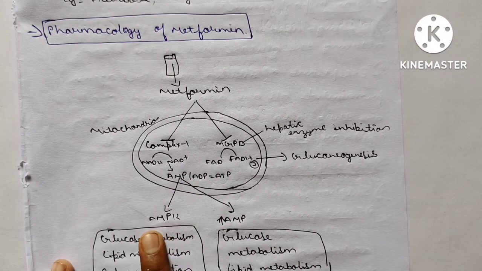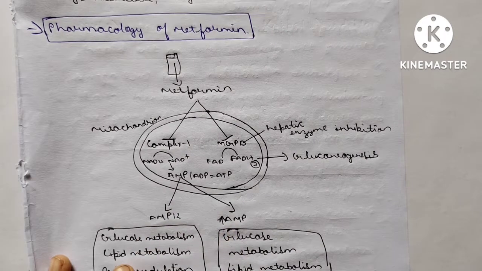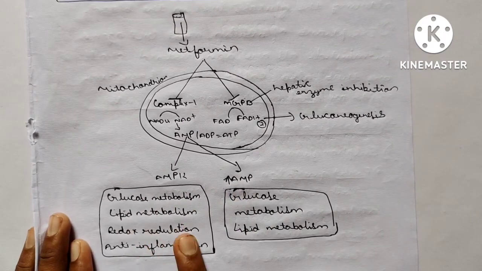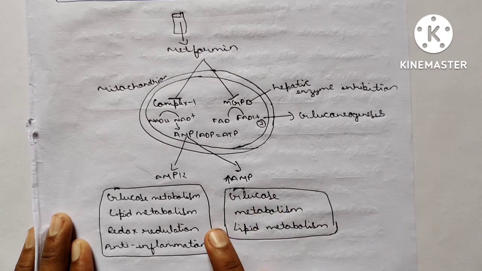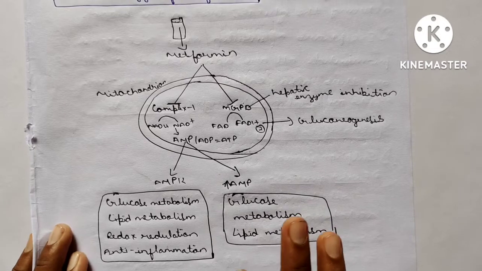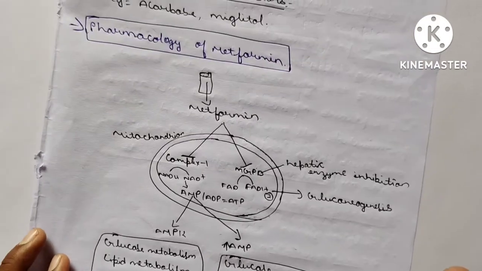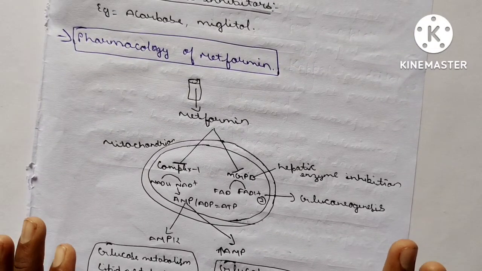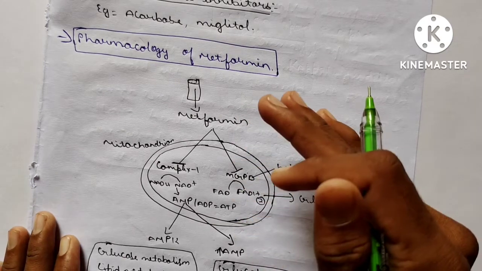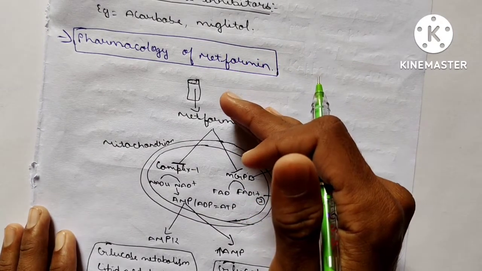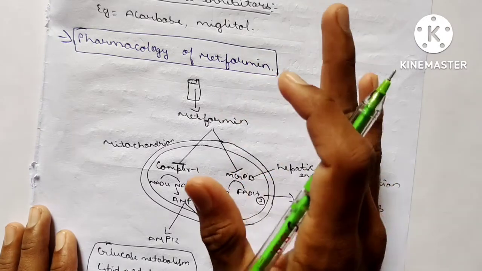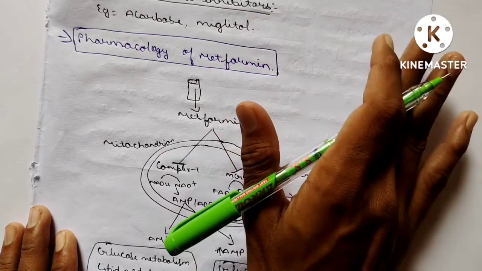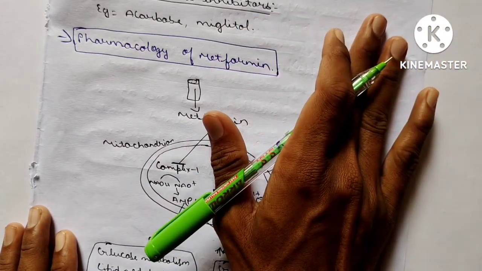Now these will activate AMPK and AMP, affecting glucose metabolism, lipid metabolism, redox regulation and anti-inflammation. These processes are completed here. Simply, metformin stops the production of glucose in the human body.